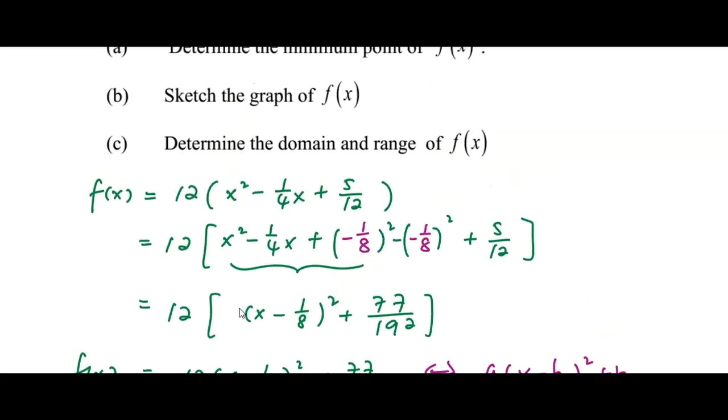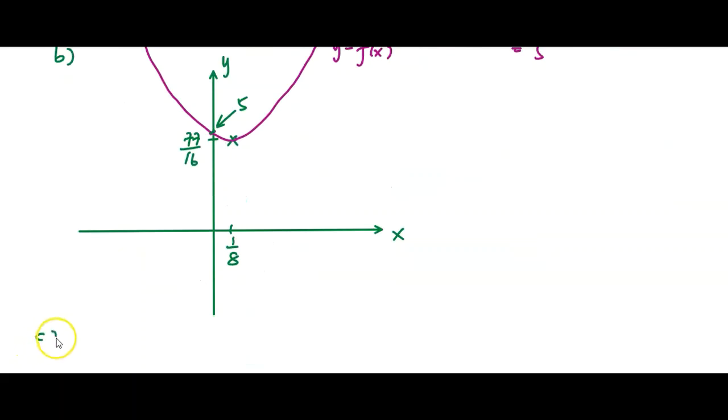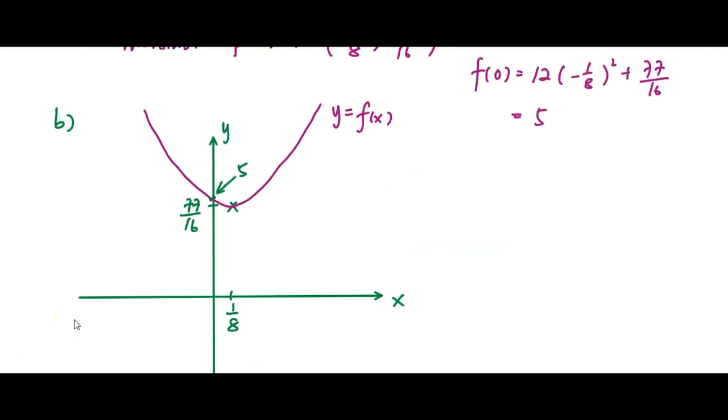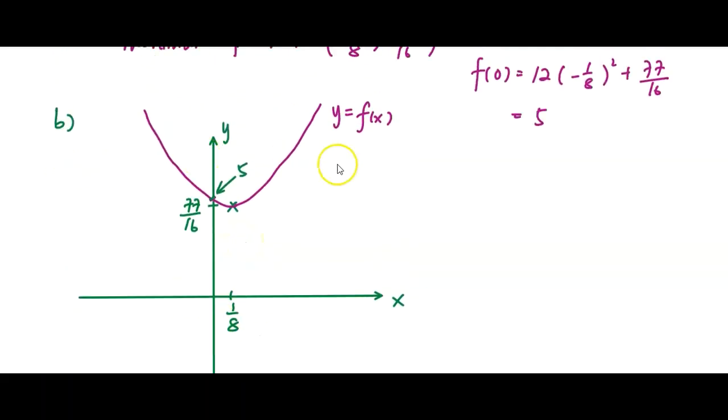Let's scroll up and look at question C. Determine the domain and the range of f(x). So based on the graph, we can determine our domain. Domain is from negative infinity up to infinity. For any quadratic function, if the domain is not restricted, it is always from negative infinity to infinity. You can see the graph keeps on going to the left and to the right non-stop, and in the middle there is no broken point.